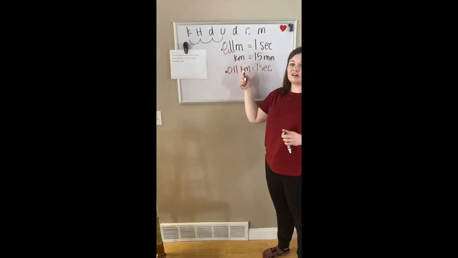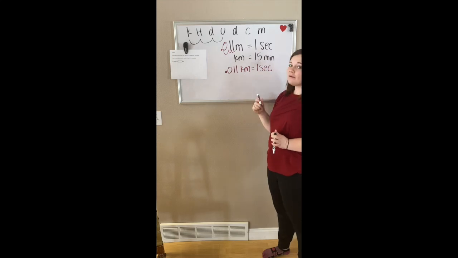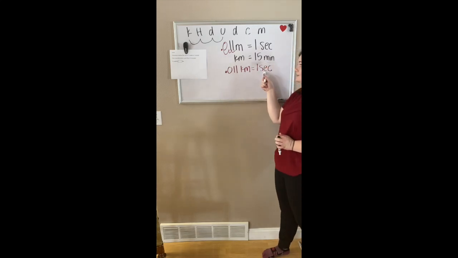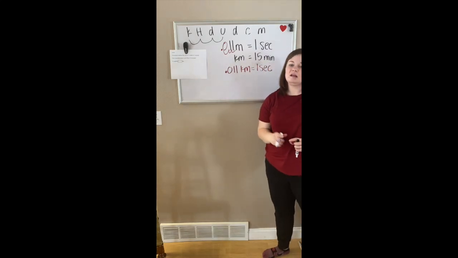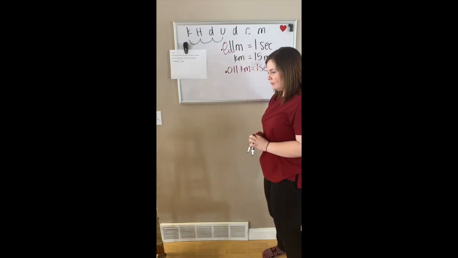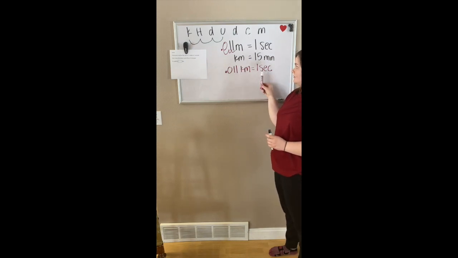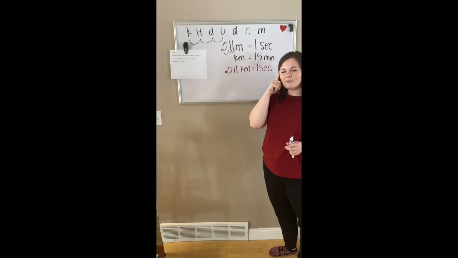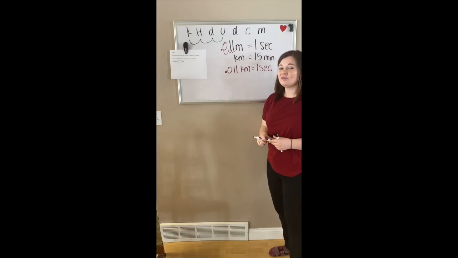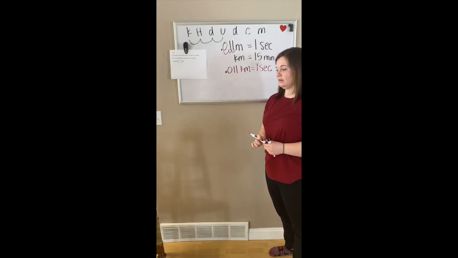So I've got it converted into kilometers, but now I've got to do something about my seconds and my minutes, because 1 second is not the same as 15 minutes, okay? So in order to get from seconds to minutes, I have to think about how many seconds are in a minute. And I know that there's 60 seconds in a minute, okay?